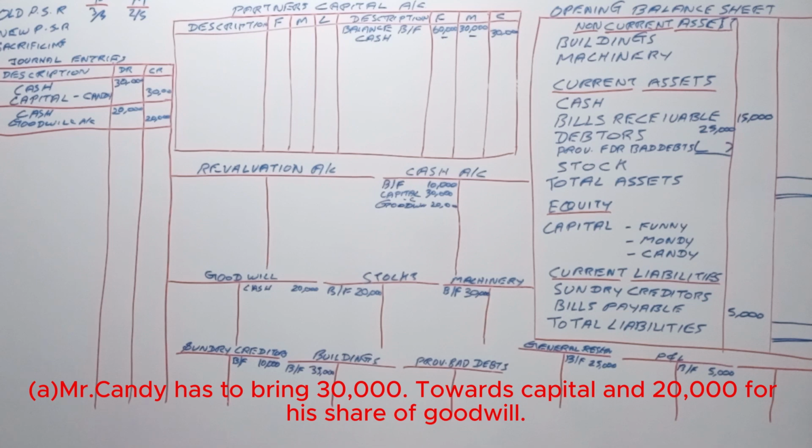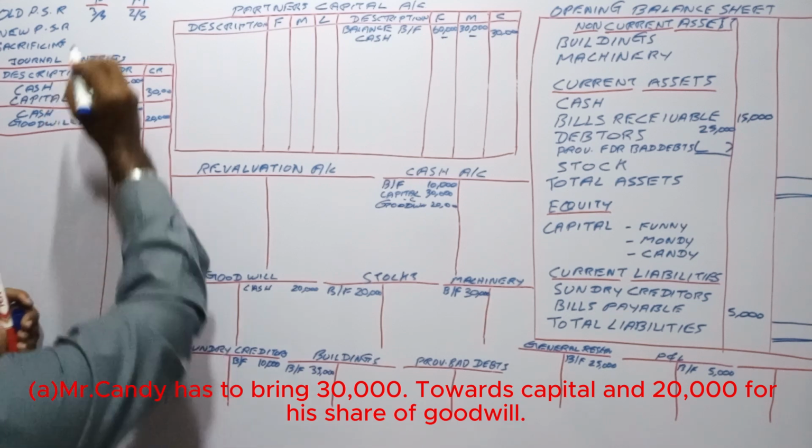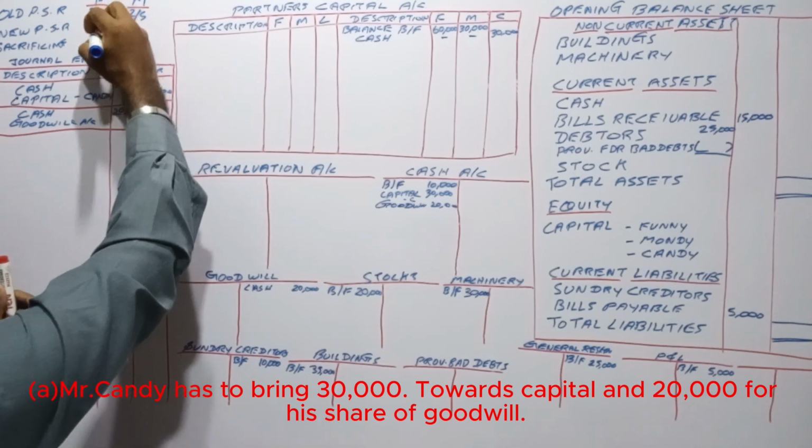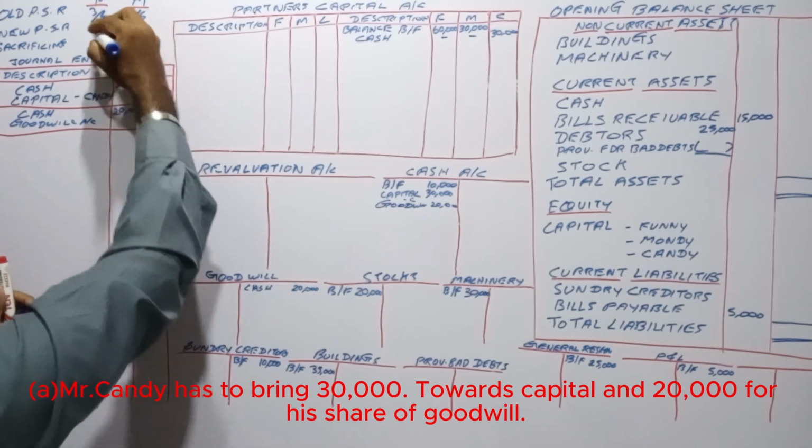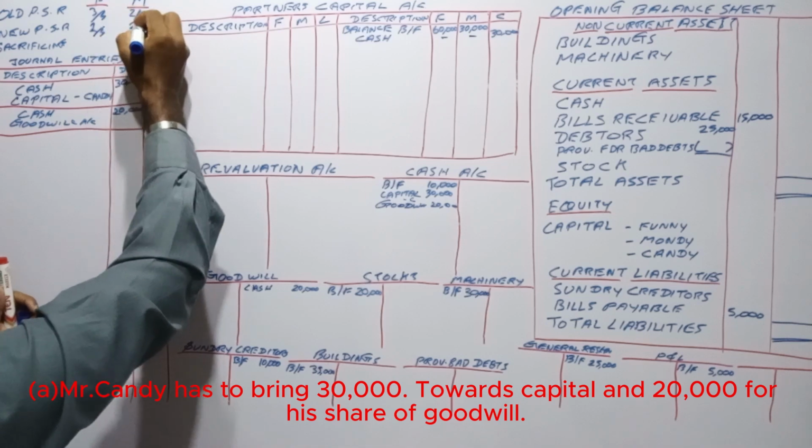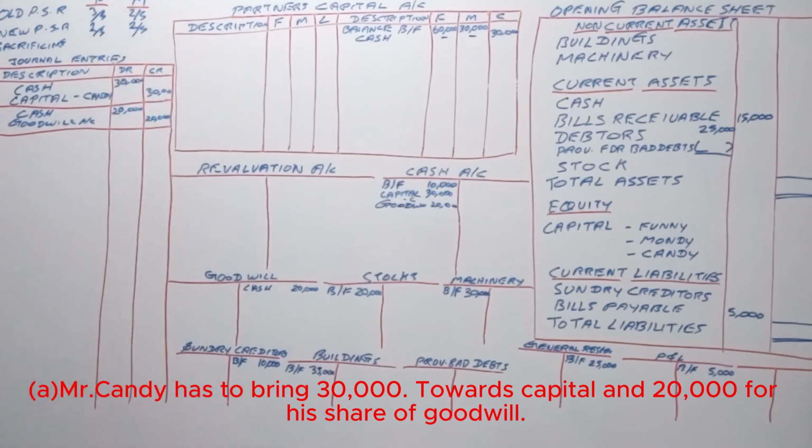The new profit sharing ratio is 2 is to 2 is to 1, that is 2 by 5, 2 by 5 and 1 by 5.